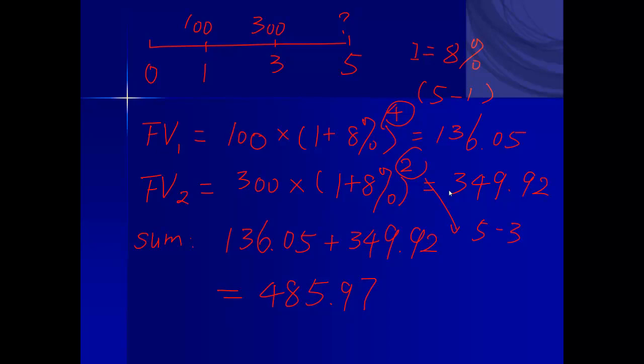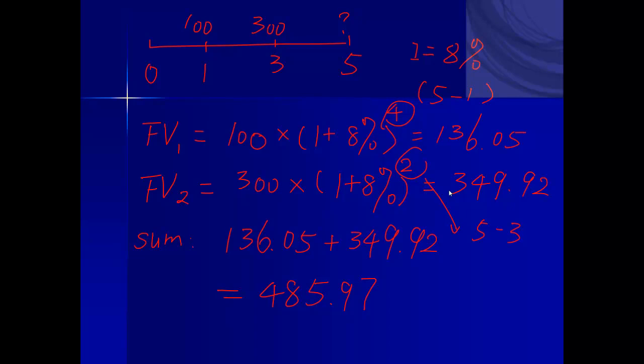To obtain the multiple cash flow future value, we need to find the future value of each cash flow and then sum them up. So, for the first cash flow 100, future value equals present value times 1 plus interest rate to the power n. This n is 4, which is calculated as the difference between 5 and 1, the difference between years.